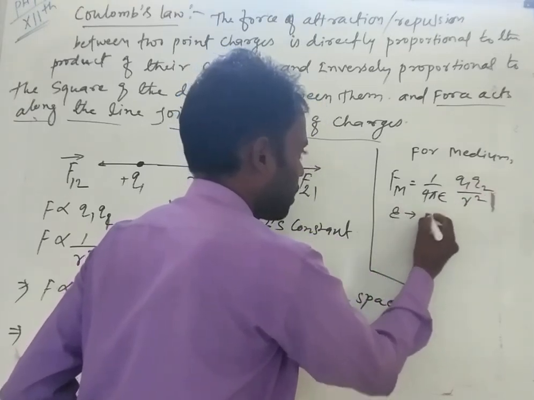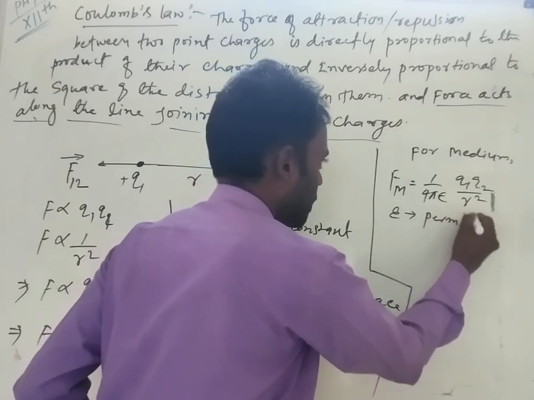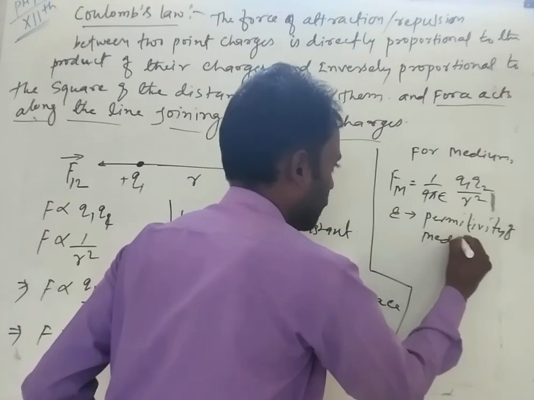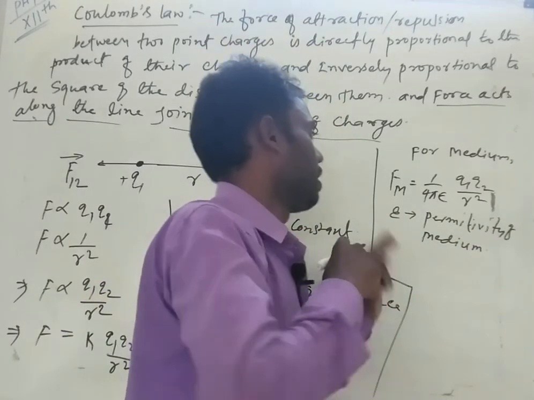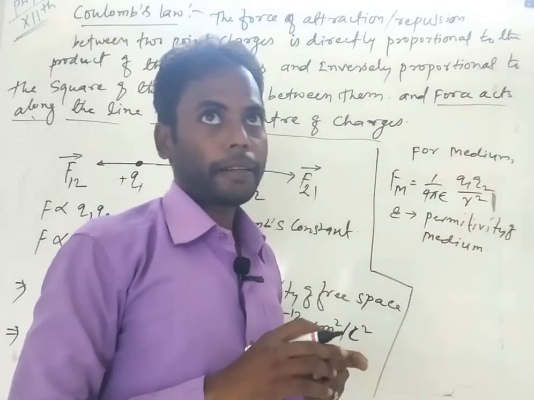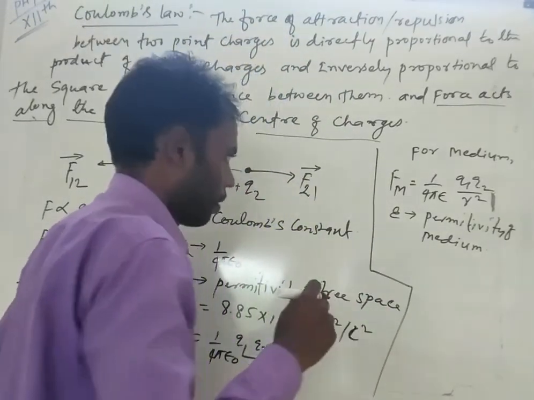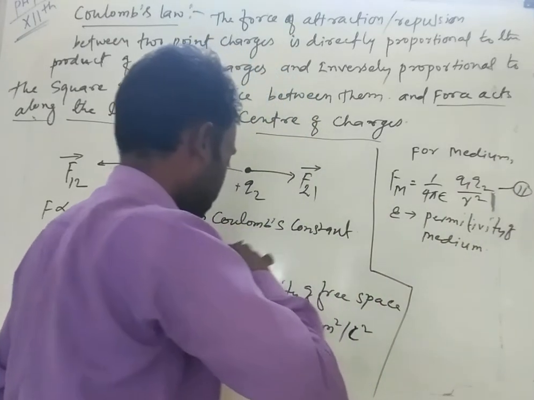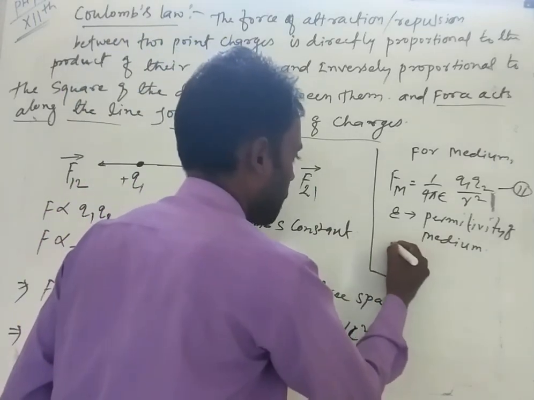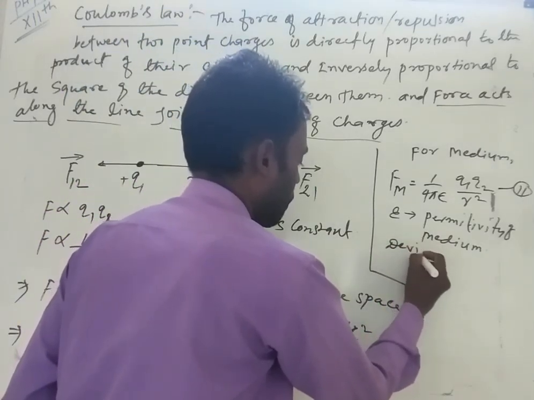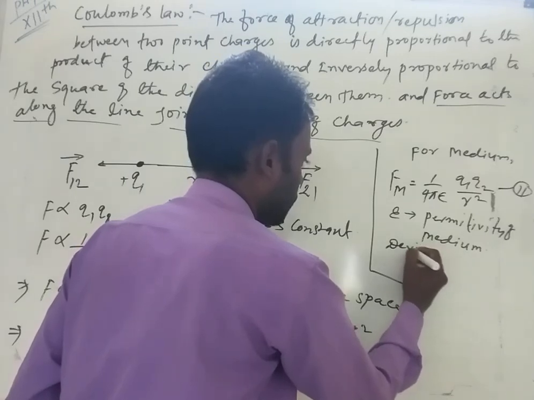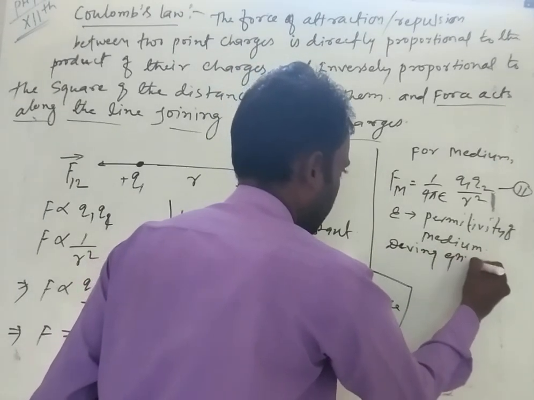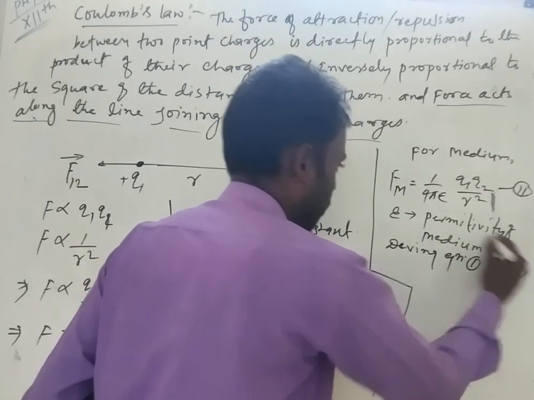This epsilon is the permittivity of the medium, because different media have different values. This is equation number 2. Now we divide equation 1 by equation 2.